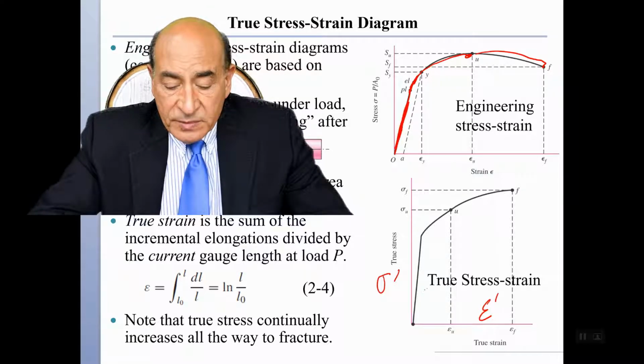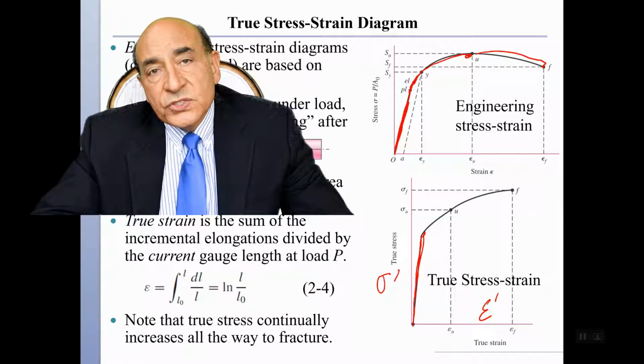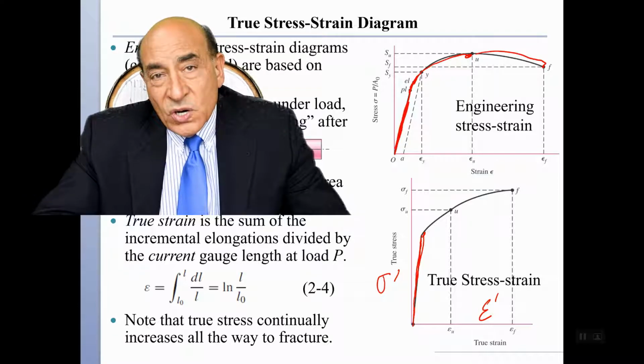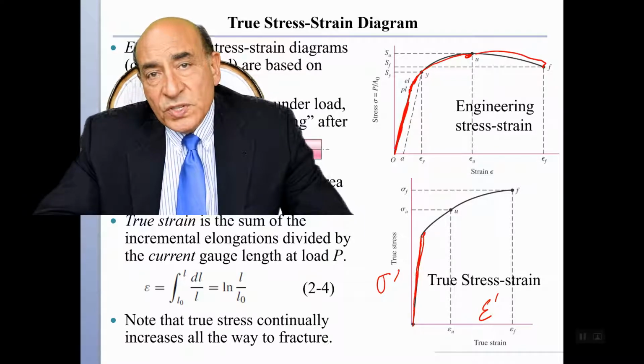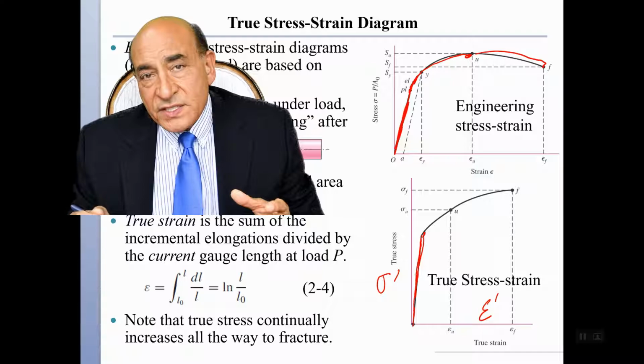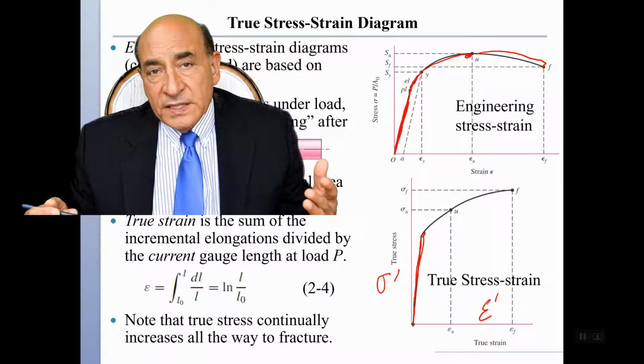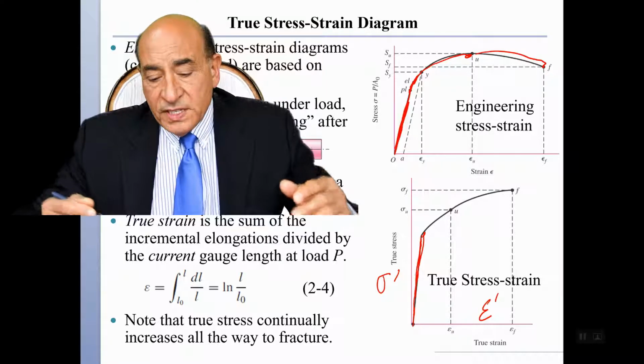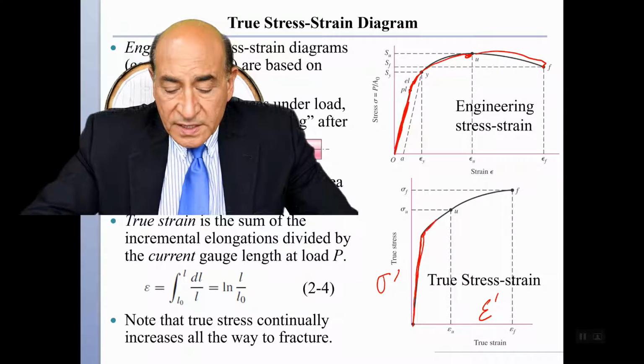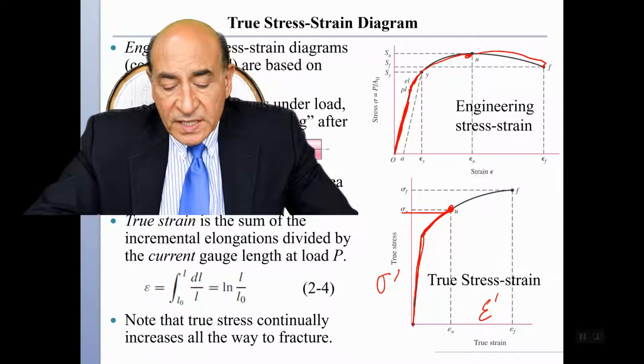And the general behavior, the linear part doesn't change. But once we get into work hardening, because the cross-sectional area usually decreases much faster than the decrease in the load in the softening regime, then we get not only this point, the ultimate.